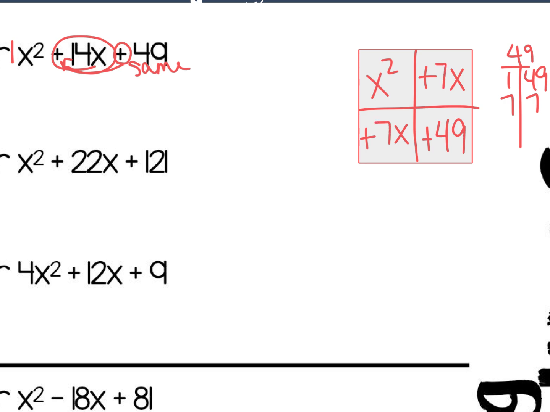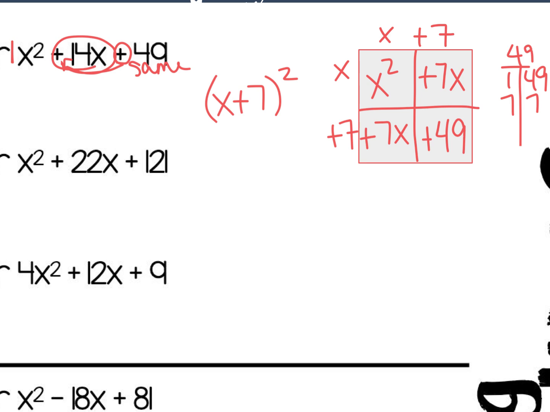Now I can take out my GCF. I know if it's x squared, it's x and x. Something times x is 7x, positive 7. Notice that the factors are identical. So we could write this as x plus 7 quantity squared.